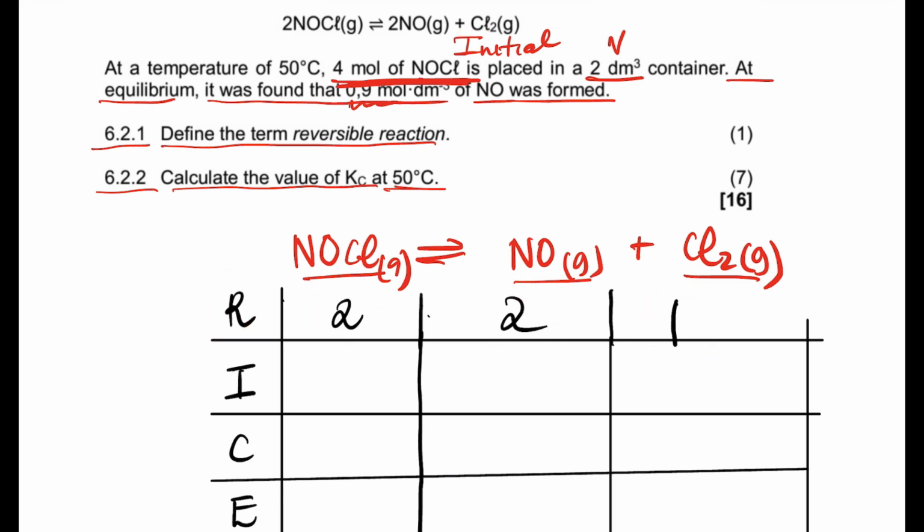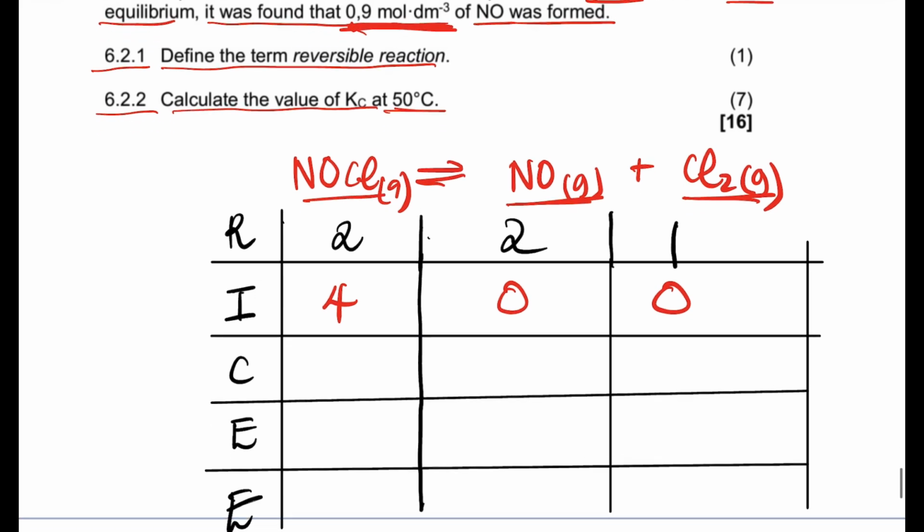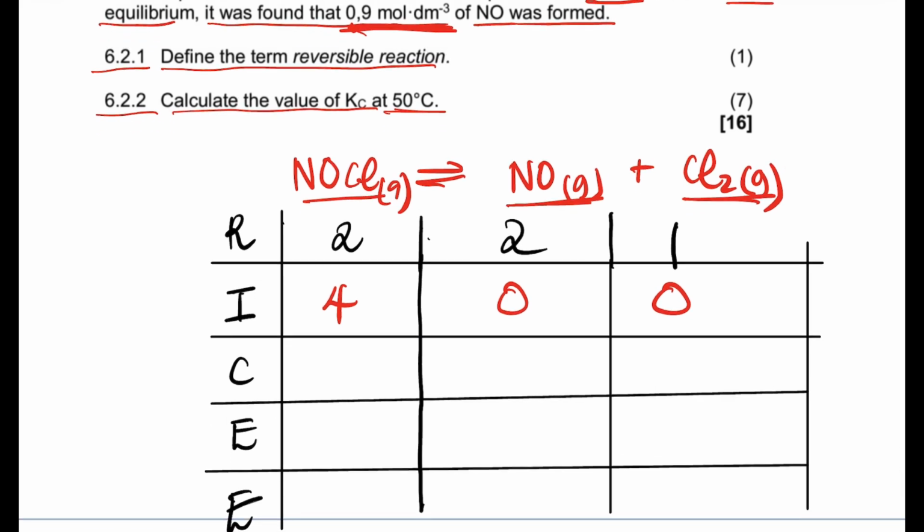So the 4 mole, I'm placing it there. And what was there initially for the products? There was no product. It's going to be 0, 0. Then we're given the 0.9 mole per dm3. That's the concentration at equilibrium. The concentration at equilibrium, it's at the end. It's 0.9 there.